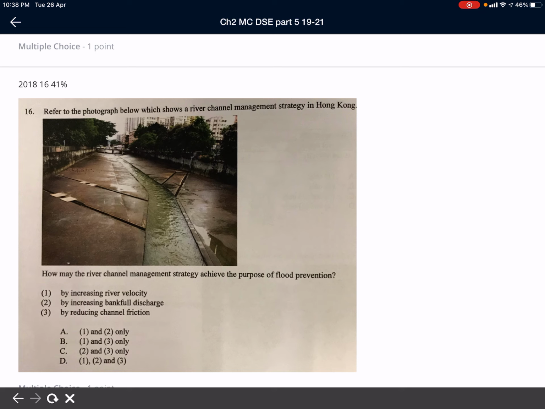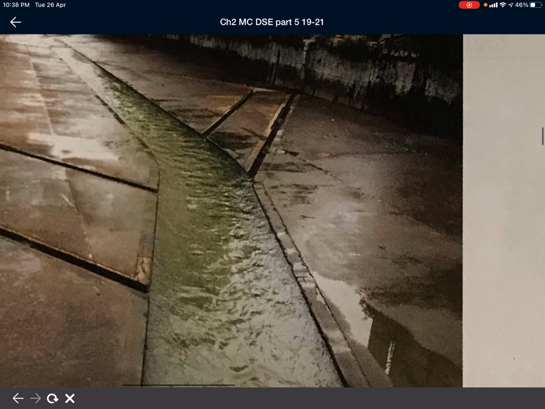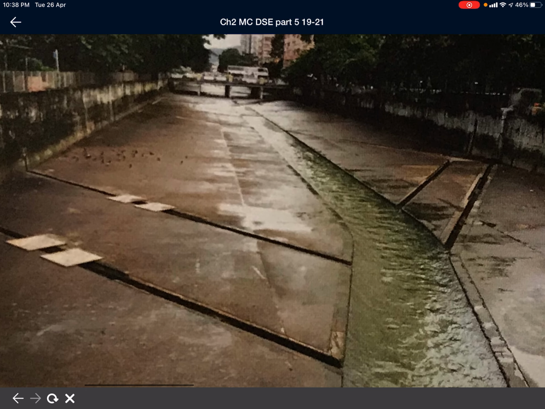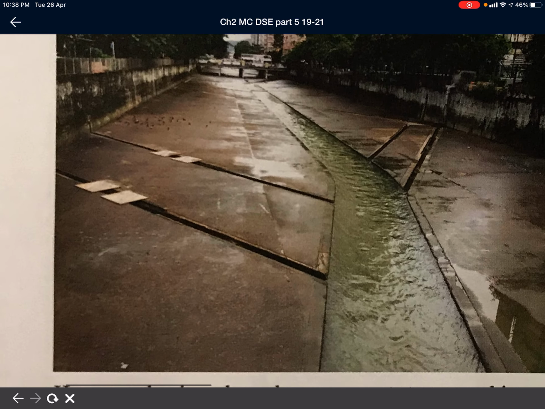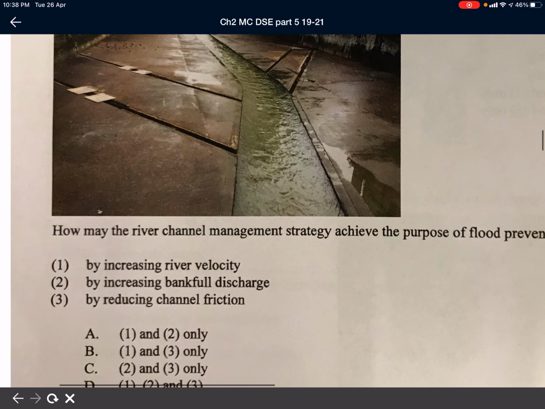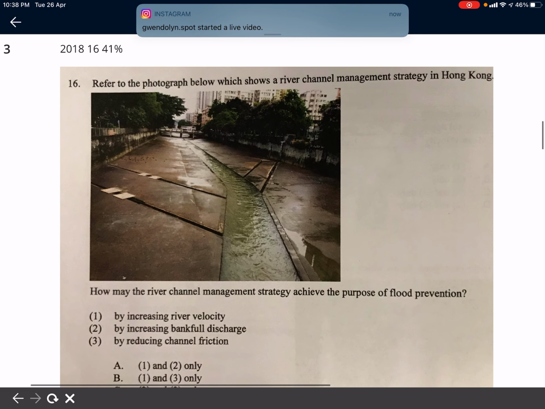It also reduces channel friction, because originally the lateral channel should have a lot of rocks and a lot of vegetation, but right now we are going to pave the channel like this. 我打到去好滑啦. You can see the friction is relatively very low, so number 3 is correct as well, so the answer should be D, okay.